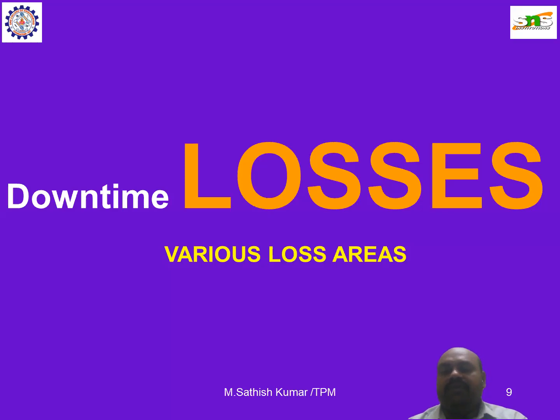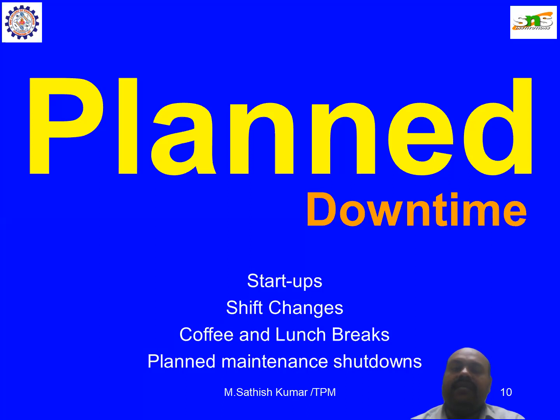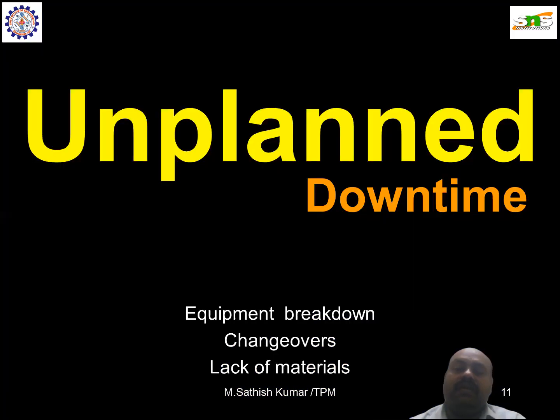Downtime losses are the various losses associated with areas like planned downtime, such as startups, shift changes, coffee and lunch breaks, planned maintenance shutdowns, and unplanned downtime, such as equipment breakdown, changeovers, and lack of materials.